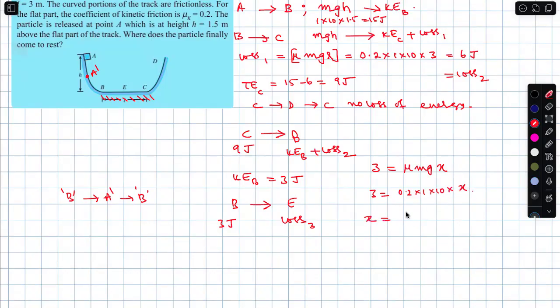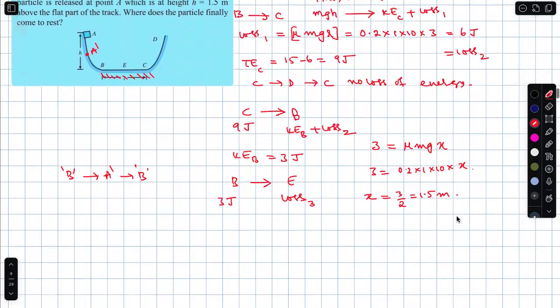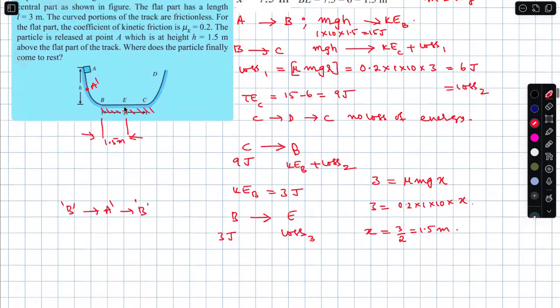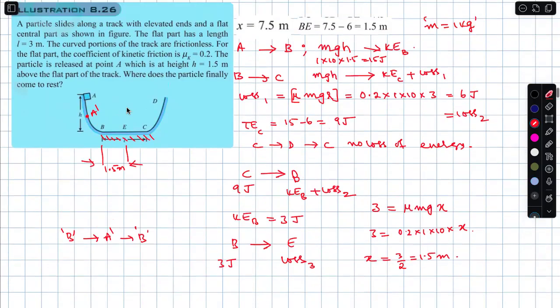X is 3 by 2, 1.5 meter. So after traveling a distance of 1.5 meter, what happened? It will stop. Any doubt in this, please ask me.